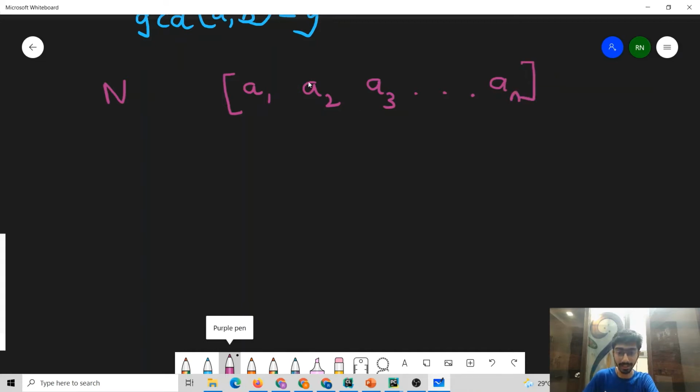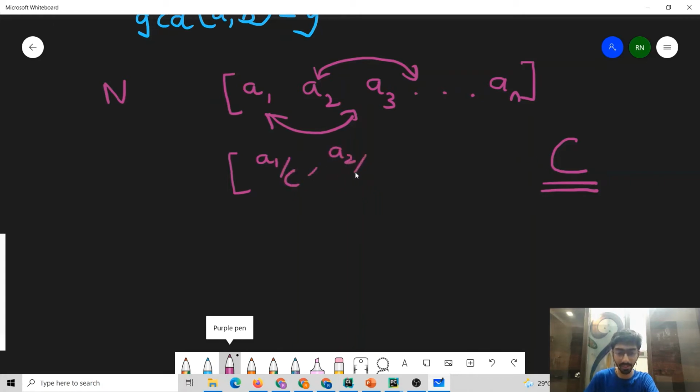Since we have to maintain the ratio of each pair of values, it is necessary for us to reduce the values in such a way that there is one common factor c which divides each of the values a1, a2, a3 and an. So we have to find some value c such that it is a factor of a1, a2 and an, and then our reduced array would be a1 by c, a2 by c and so on till an by c.